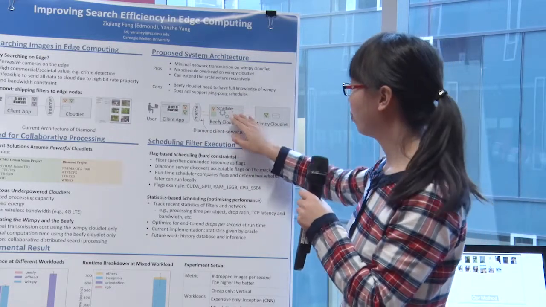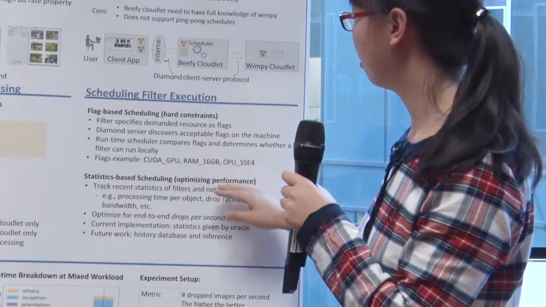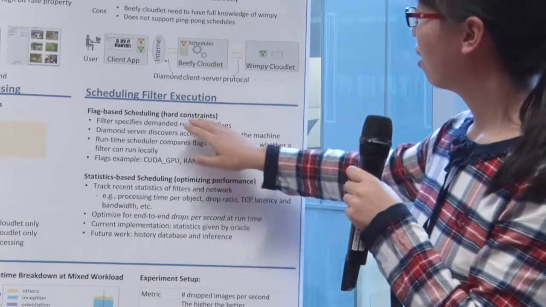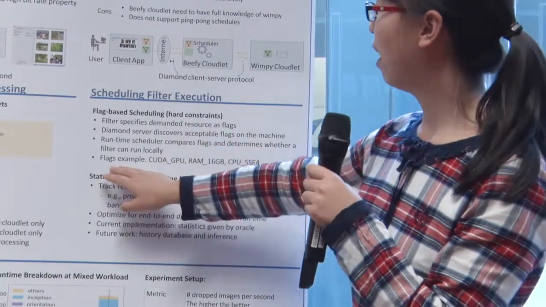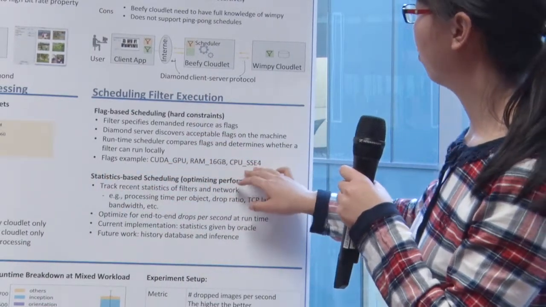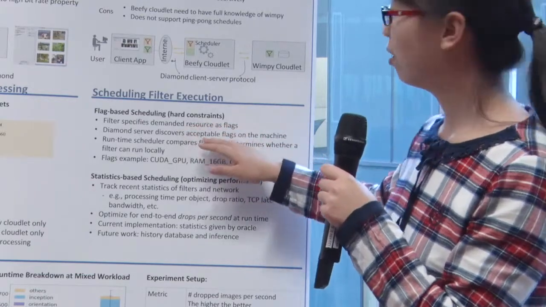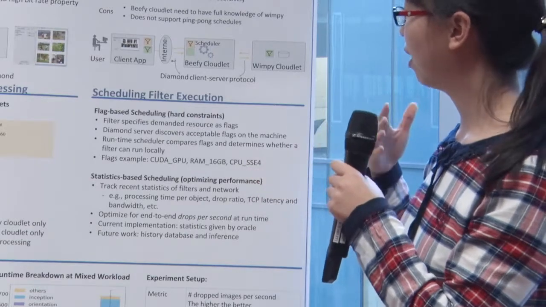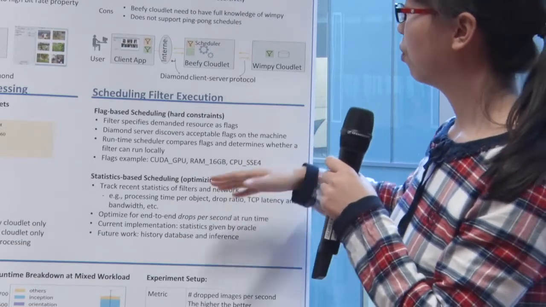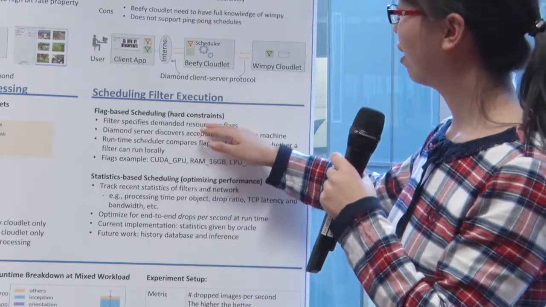For this scheduler, we support two kinds of constraints, hard constraints and soft constraints. The hard constraints can support things like whether the GPU has 16 gigabytes and the CPU capability. But hard constraints alone are not enough. We should have some soft constraints to sort the filters which all satisfy the hard constraints.